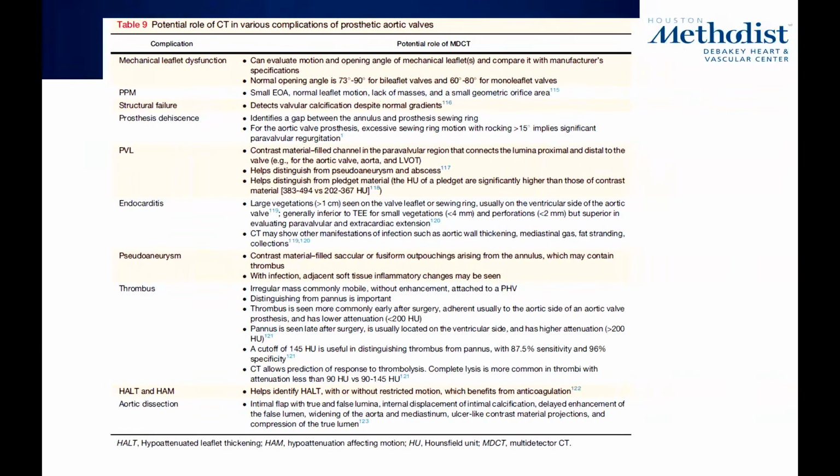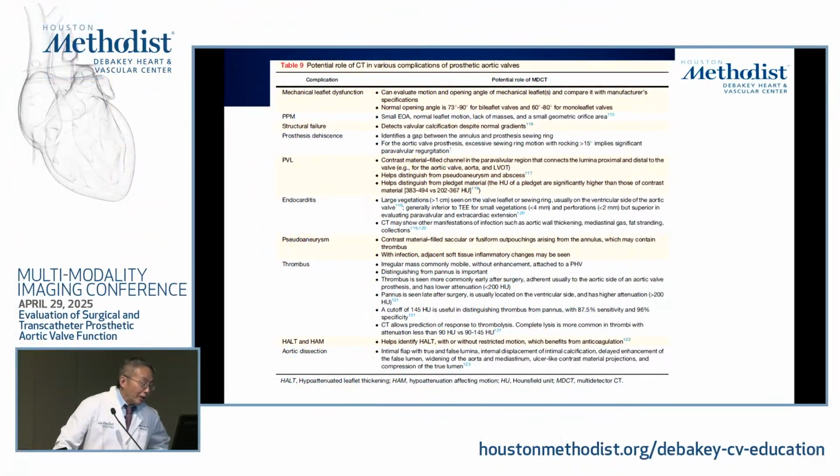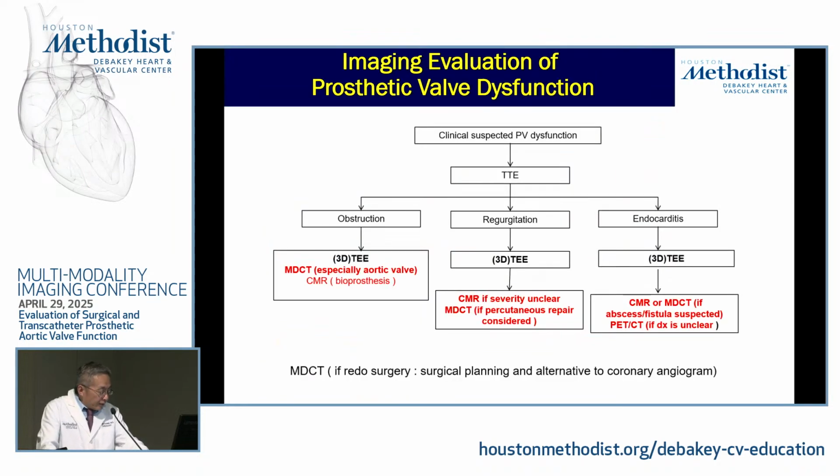So this is, I think, a table from the guideline. I confess I didn't read the whole thing. I was mostly focused on the CT portion, and this is one of the algorithms we came up with. If you have a patient with prosthetic valve dysfunction, you get a transthoracic echo.